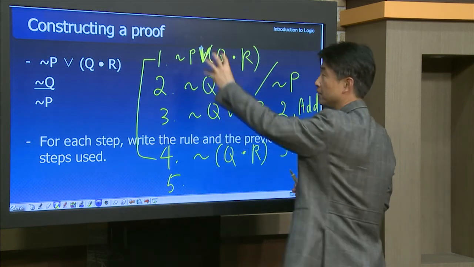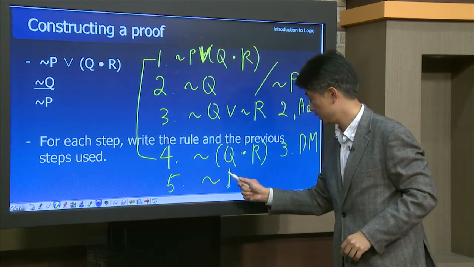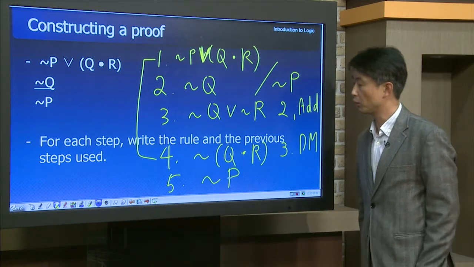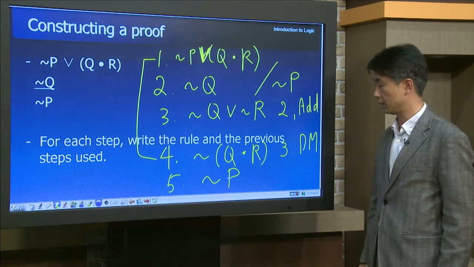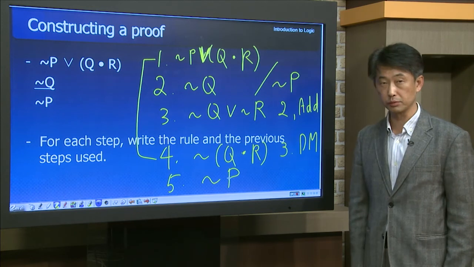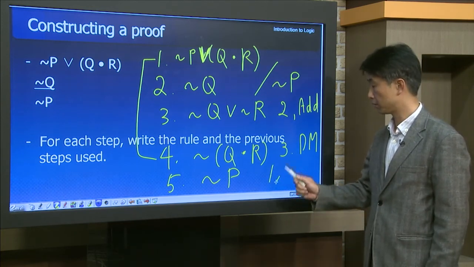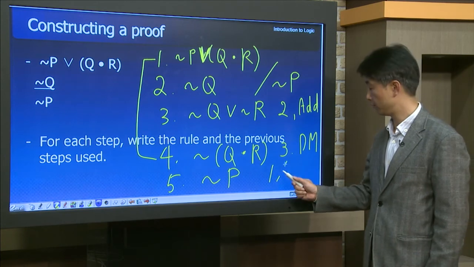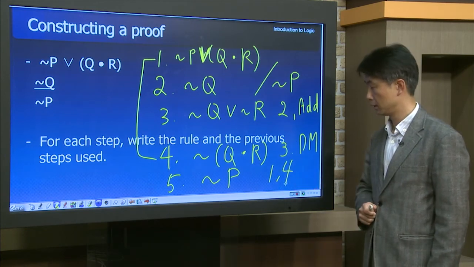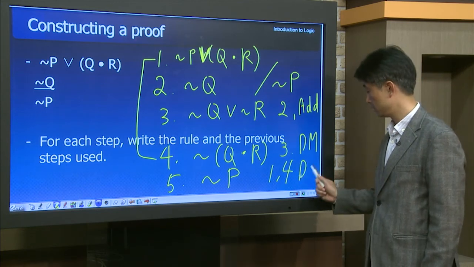So I can derive the other, right? So I can derive here, not P. What is the rule that allows me to do that? That's a rule called disjunctive syllogism. So number 5 is derived from 1, 4 by using the rule disjunctive syllogism.